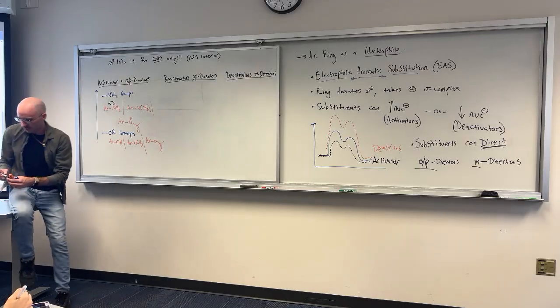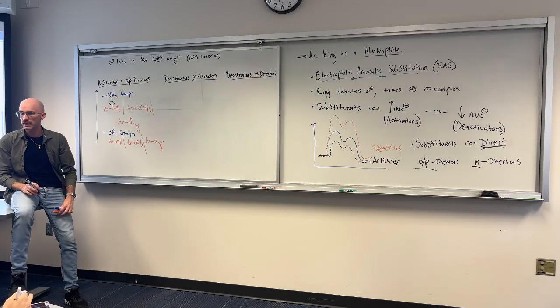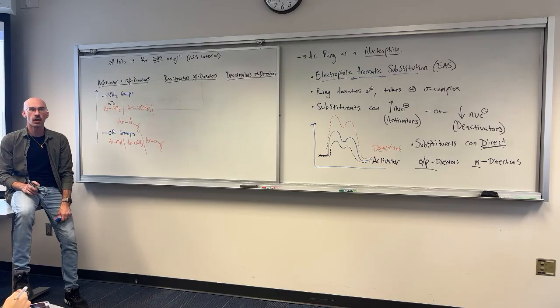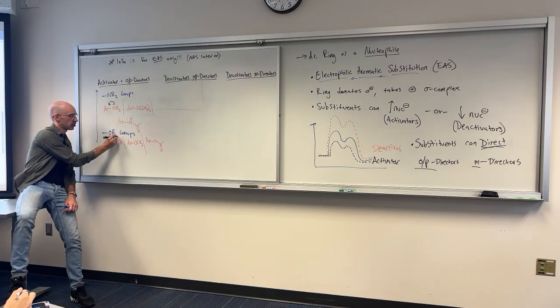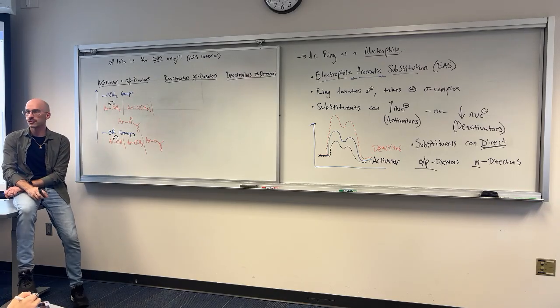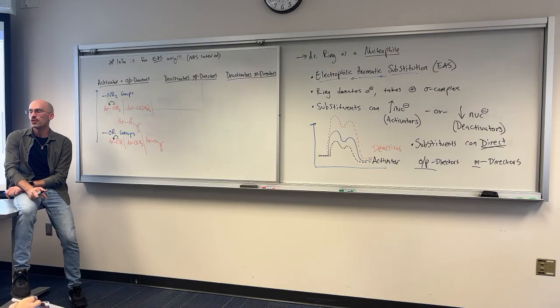How does this increase nucleophilicity to the ring? Conjugates its lone pairs. Oxygen's lone pair donates to the ring, gives it more nucleophilic power. Why is this not as strong of a donor as nitrogen?